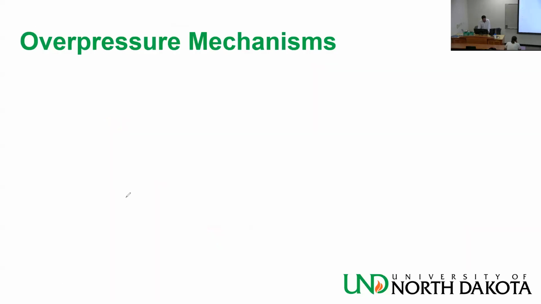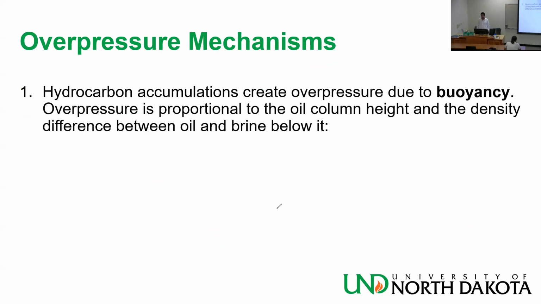And then a good question is, how is overpressure created? There are several mechanisms. We are going to see a very common one. Hydrocarbon accumulations create overpressure due to buoyancy, just like in the water Archimedes principle. You get something that has a lower density than the water, you put it down, it goes up, right?